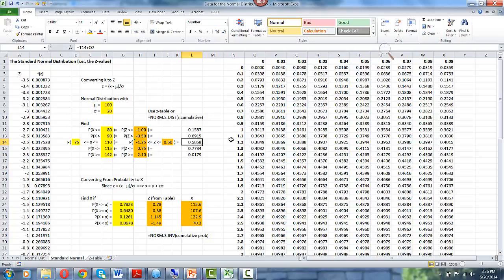So if I find the area between 0 and minus 1.25, that's right here, and then add that to the area between 0 and 0.5 right there, then I should get 0.5858.